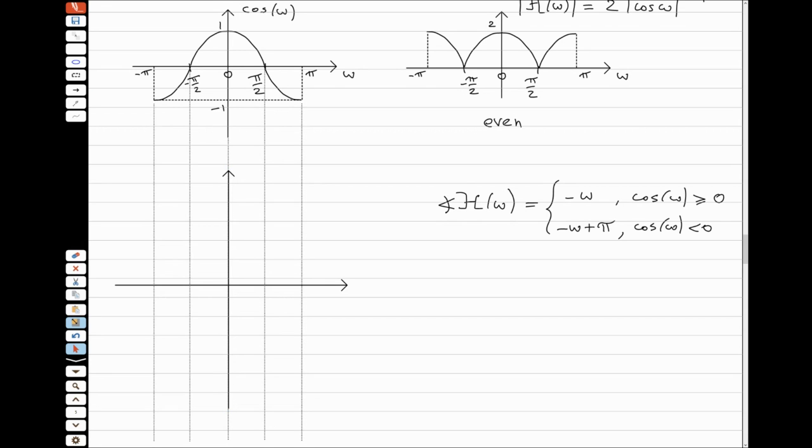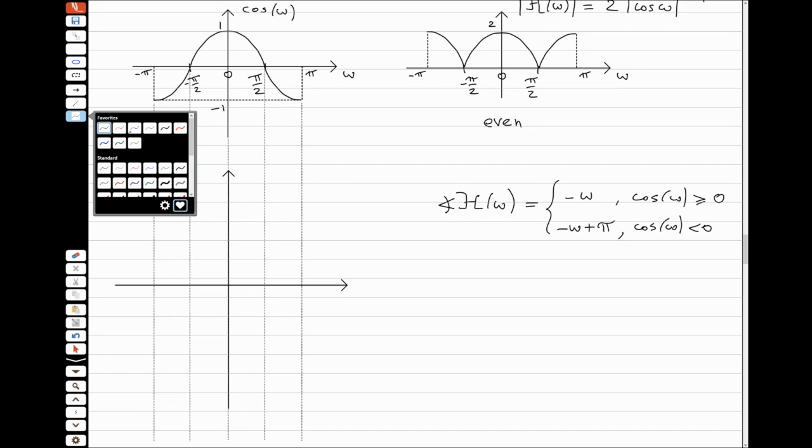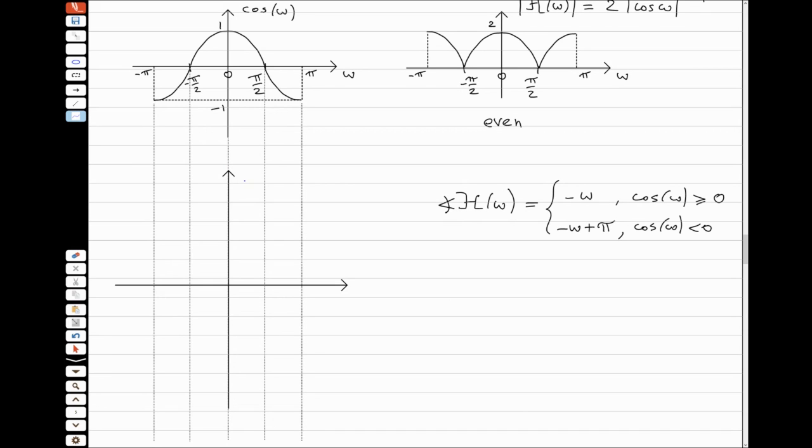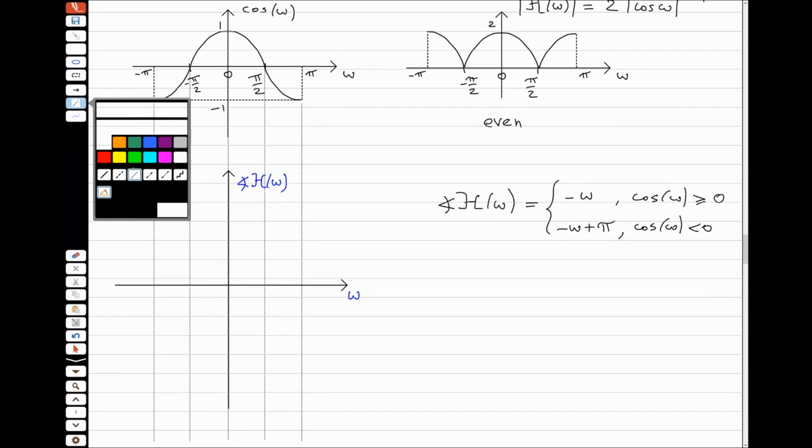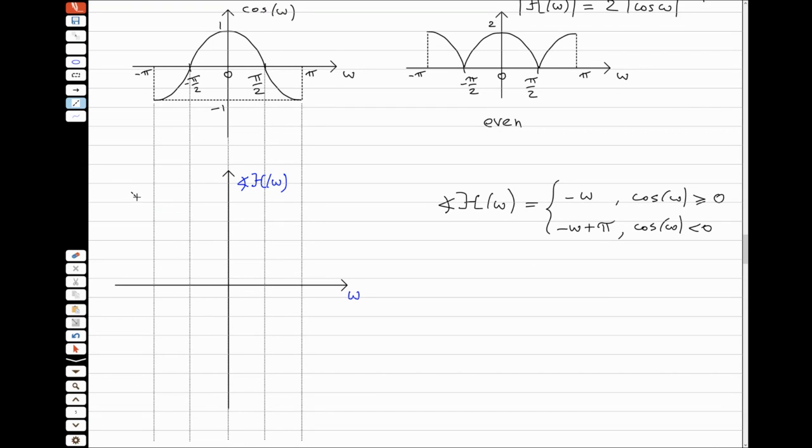So I'm going to plot in the graph in blue. When cosine is positive, so that means between minus pi over 2 and pi over 2, I get this straight line, which is easy to plot. The curve minus omega is like that.